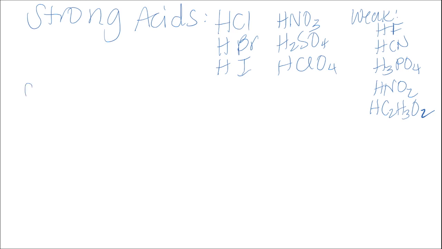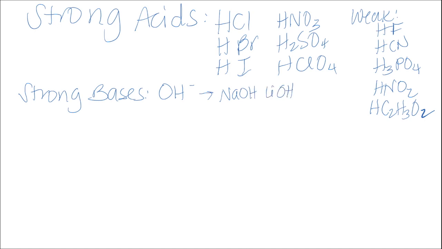As far as strong bases, so those are all your hydroxide containing bases. So usually like group 1 and 2 metals with a hydroxide. So sodium hydroxide, lithium hydroxide, calcium hydroxide, potassium hydroxide. Those are usually what you'll see.